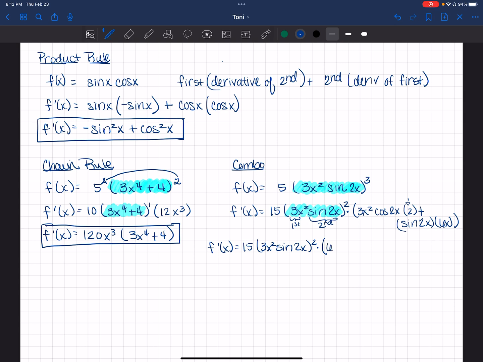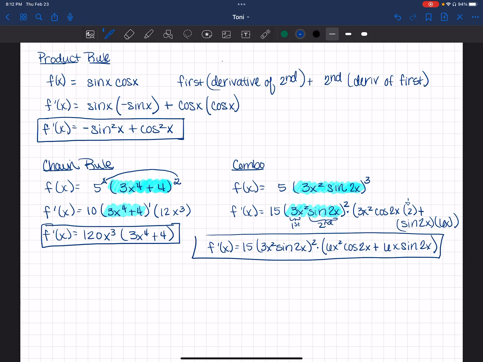So that's really just 6x squared times cosine 2x. Plus, just like with that 2 that has the arrow over it, this 6x is really saying sine 2x times 6x. So plus 6x sine 2x. Okay, now we could go ahead and distribute all that out, but we're not going to. That's a little much. You can leave it just like that.